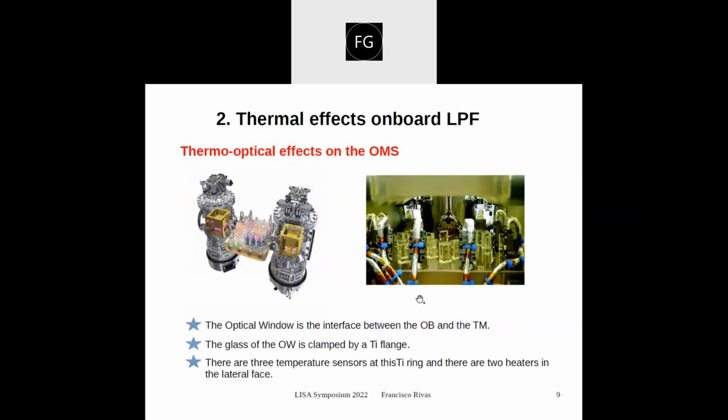Regarding thermal effects that produce changes in the length of the optical path, we distinguish two: thermo-optical effects, this first one, and thermo-elastic effects. First, thermo-optical effects occur when we have thermal fluctuations around the optical windows.